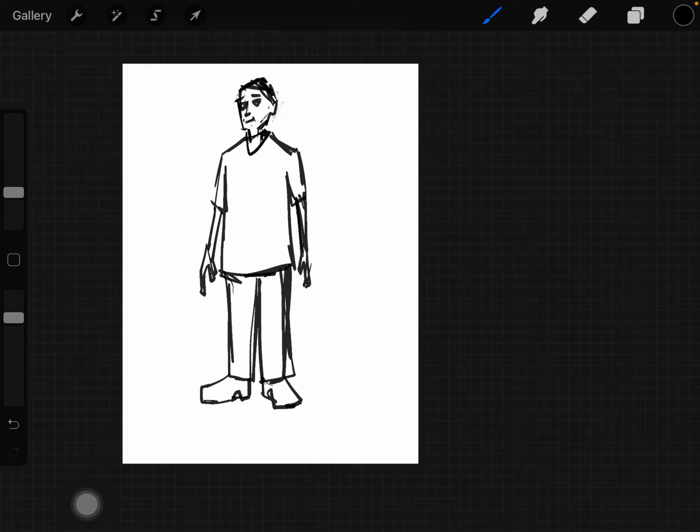Okay, so this is a drawing of a young guy. This is clear.